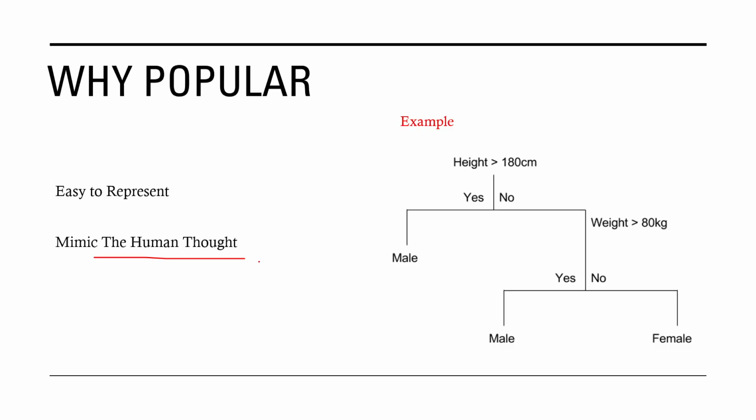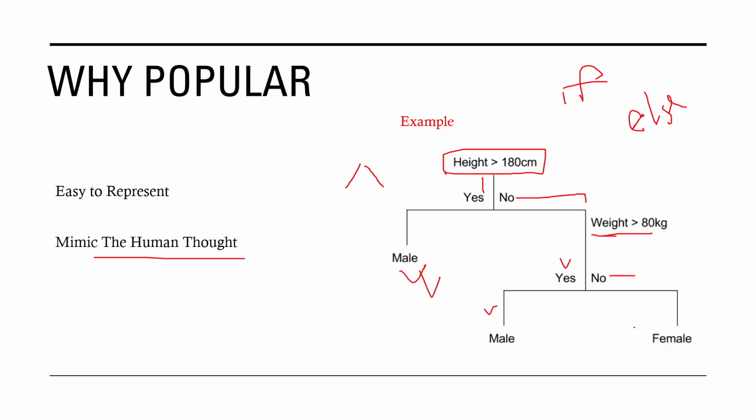The tree structure is based on a lot of if-else conditions. This is our root node. If the height is 100 centimeter, and if yes, then we can say it is definitely a male. If no, then we can check weight. If weight is greater than 80, again there is an if condition, if yes, then male, else female.